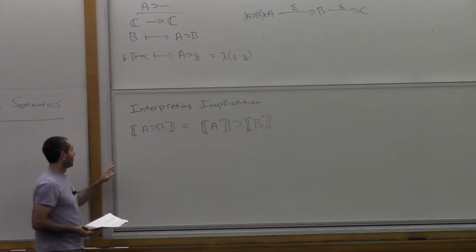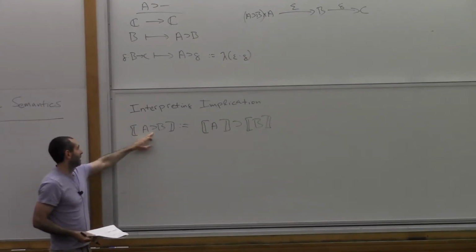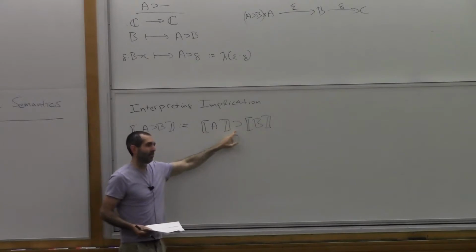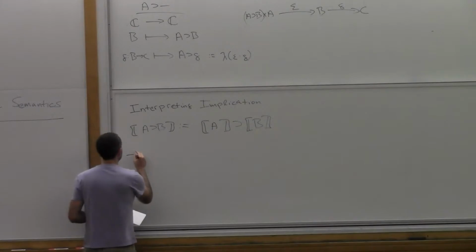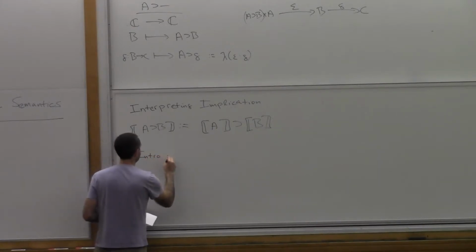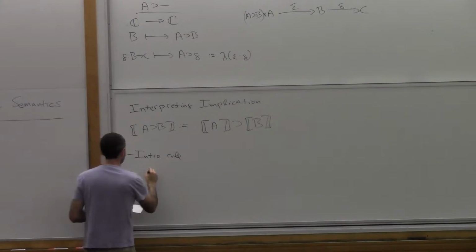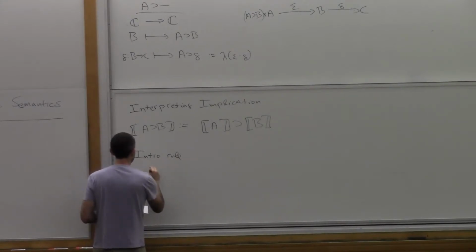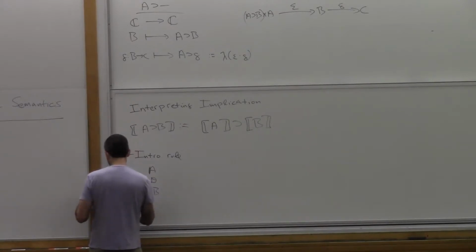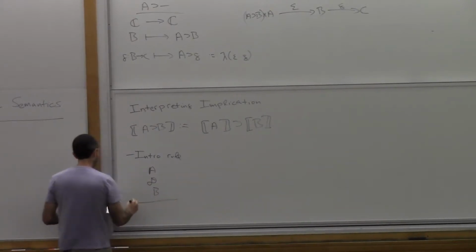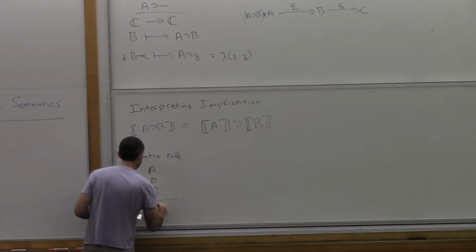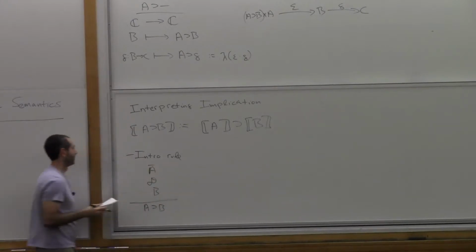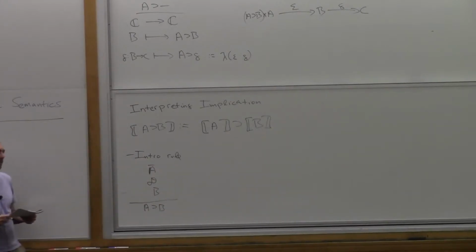Okay, so we interpret the connective of implication by the exponential map. So now I have to tell you about the rules. There's the intro rule, which says that if from some derivation I can prove B from A, then I can prove A implies B, and I can cancel this assumption A. That's a hypothetical derivation.